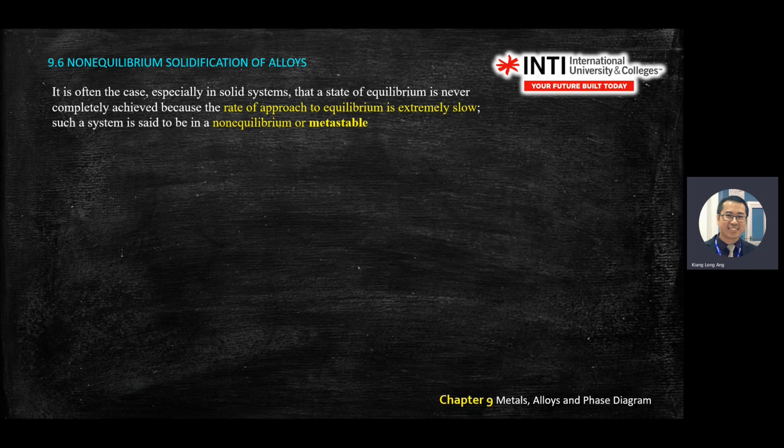This is because the cooling, or the temperature you want to reach, is very, very slow, and seeing the liquid state and solid state is very hard or very slow. You need to wait for some time, so it falls under the non-equilibrium category.